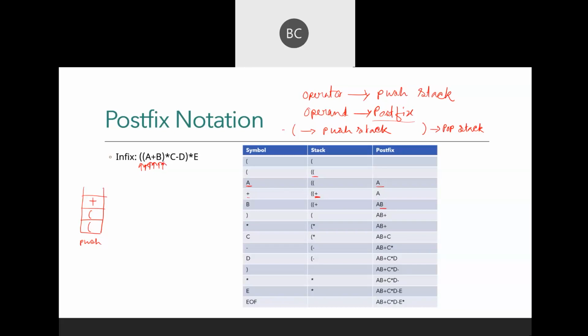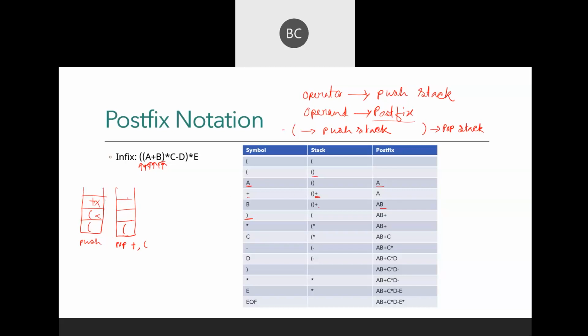Now you go again. Now you have a right parenthesis. So the moment you get the right parenthesis, you will pop out the operators in between. That means you will pop this plus sign and this parenthesis, and the remaining will be just one.